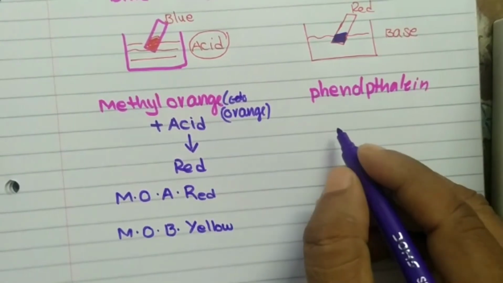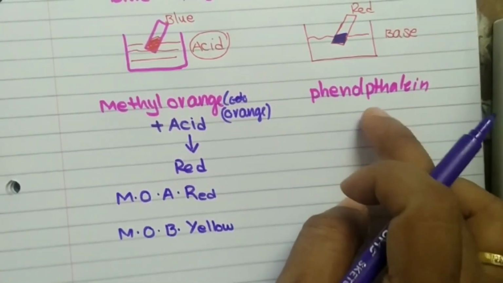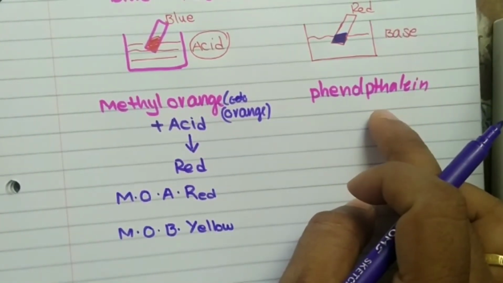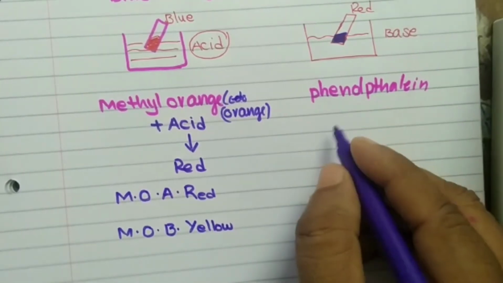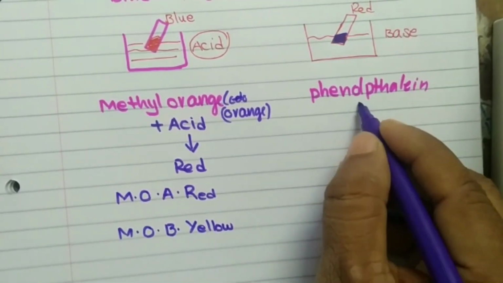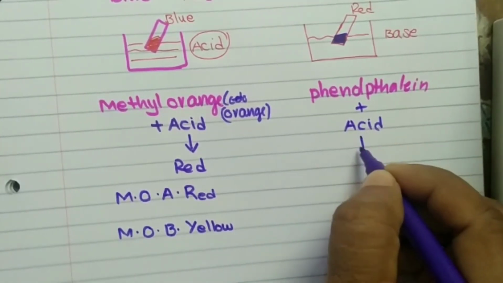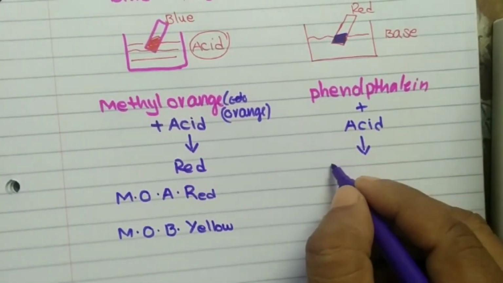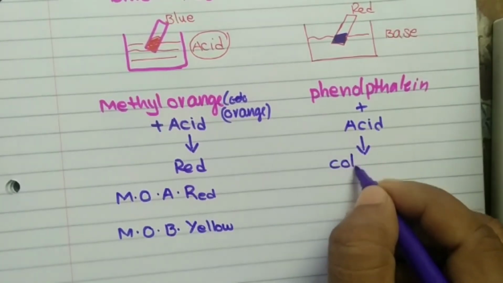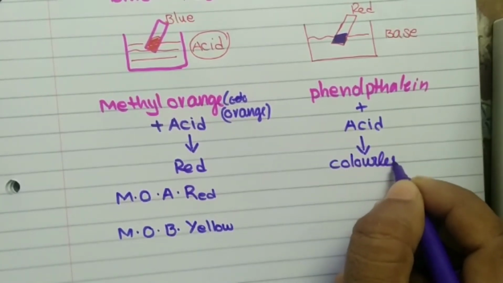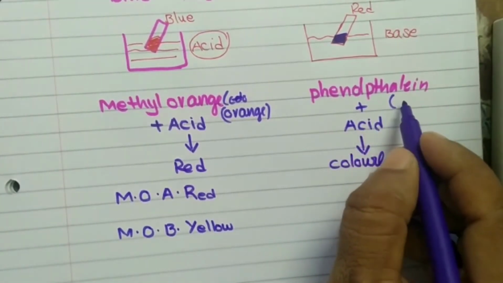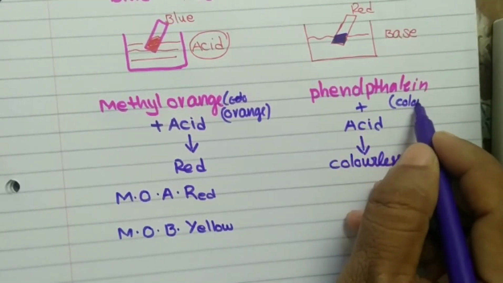Next, coming to phenolphthalein. Phenolphthalein is also one of the indicators. When this indicator is combined with acids, there is no change in color, it is colorless. Actually, phenolphthalein is a colorless liquid.